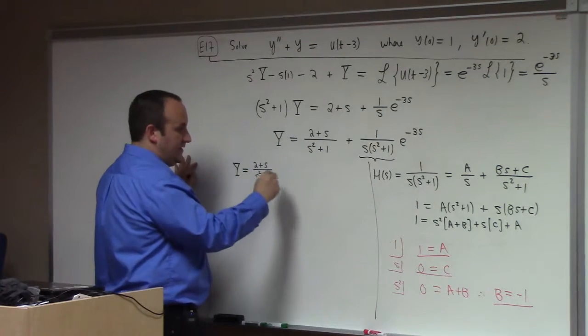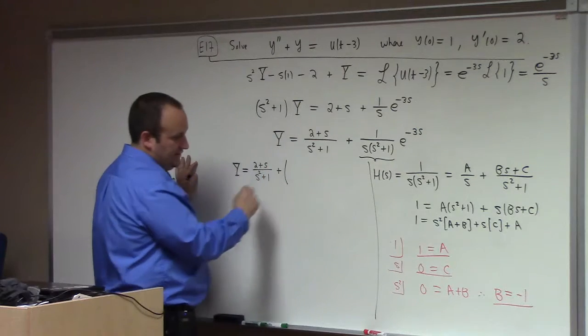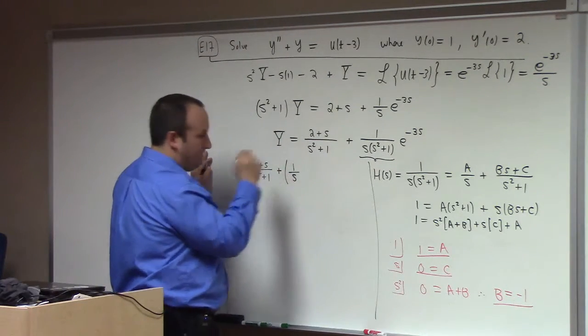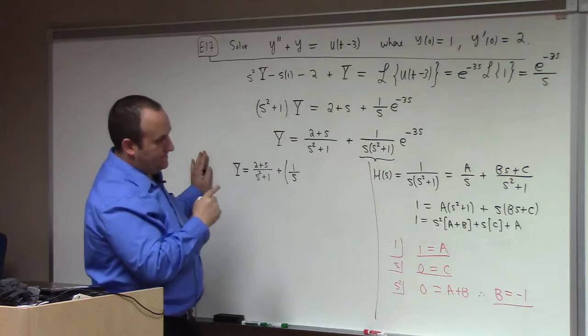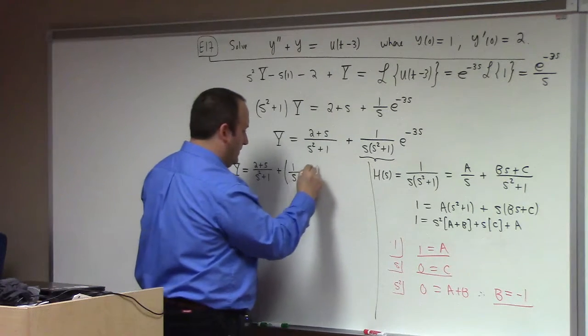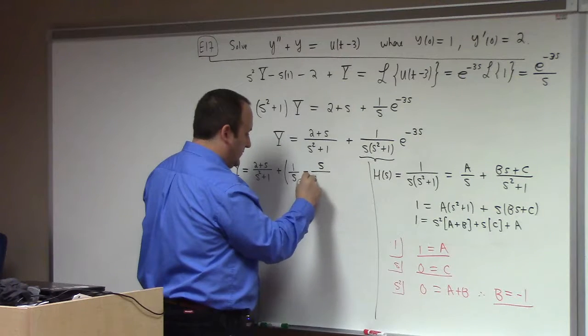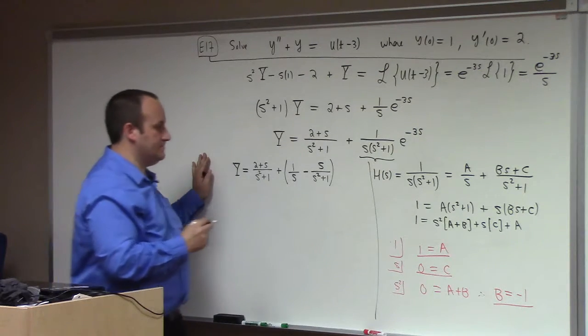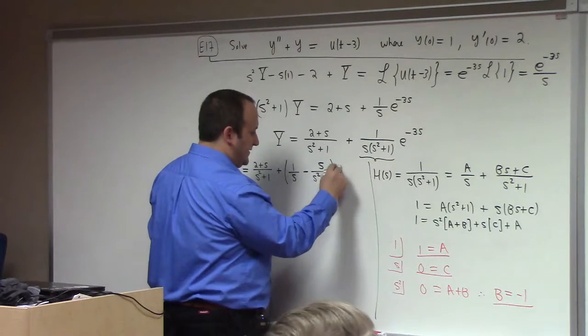All right, 2 plus s over s squared plus 1. And then we just figured out that h of s is, in fact, what is it? It is 1 over s minus s over s squared plus 1, and that's times e to the minus 3s.